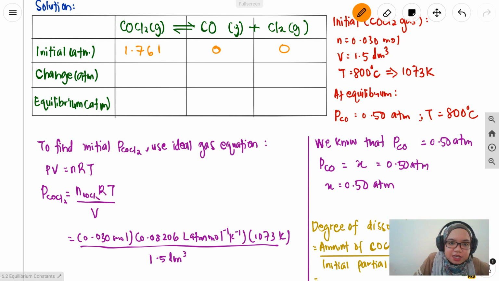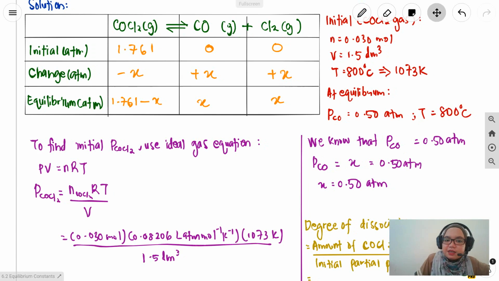And the change here is, reactant always negative, so negative X, product always positive, positive X, positive X. And equilibrium is initial plus change, so 1.761 minus X, so this is X, this is X.